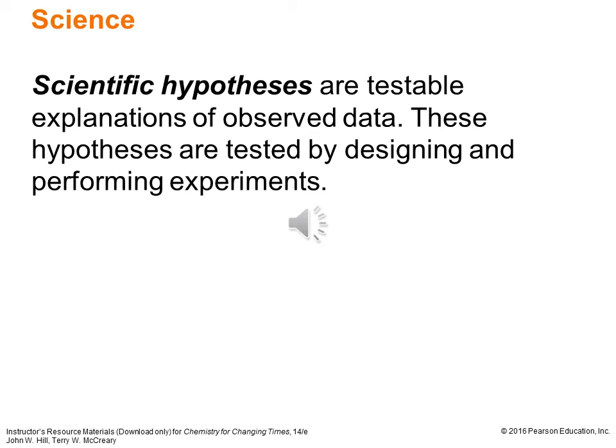So those scientific hypotheses that you probably learned about in late elementary, middle school era are testable explanations of observed data. These hypotheses are tested by designing and performing experiments. And again, hopefully the experiments will be further tested and refined. It's very rare that we set out to prove something and we prove it and that's it.